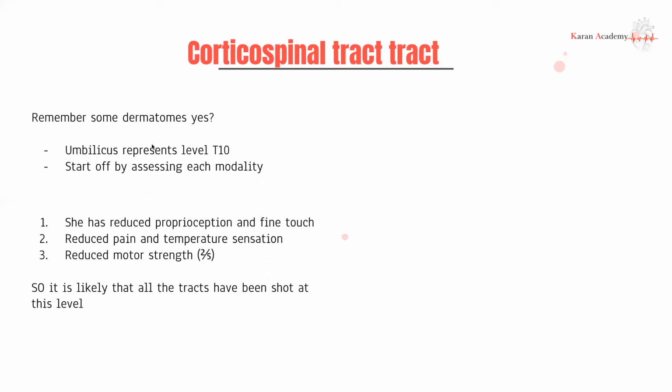So remember some dermatomes, the fact that everything is stopping at the level of the umbilicus. Well, you should think that this is level T10, because that's the dermatome level that corresponds to the umbilicus. Then start off by assessing each modality. So take a step back, ask yourself, Karan, where are proprioception and fine touch affected up to?